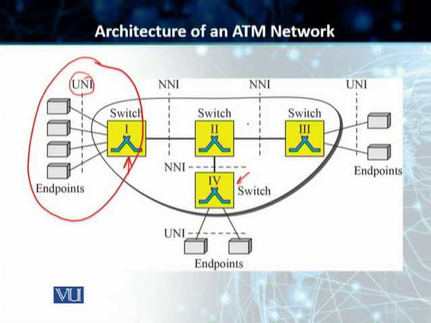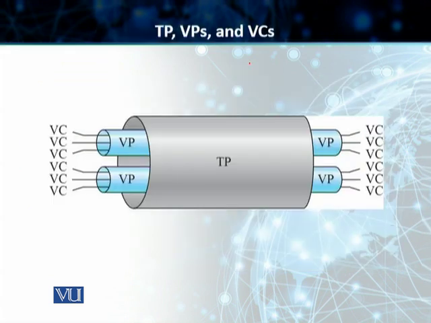In that particular case, the interface that we have is called an NNI. Students, you have to remember that the connection between two endpoints is accomplished through different transmission paths.